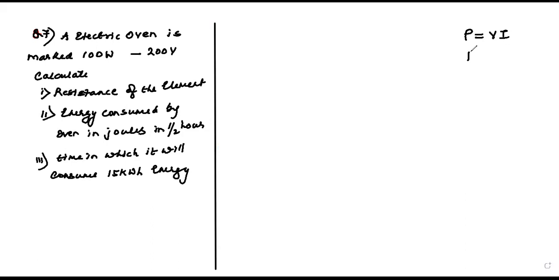So if you want P, okay, we can also go for it. What is V equal to? V is equal to IR.